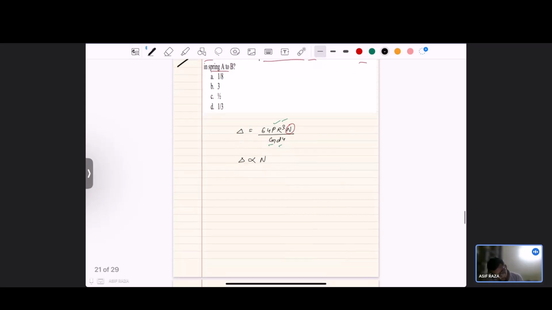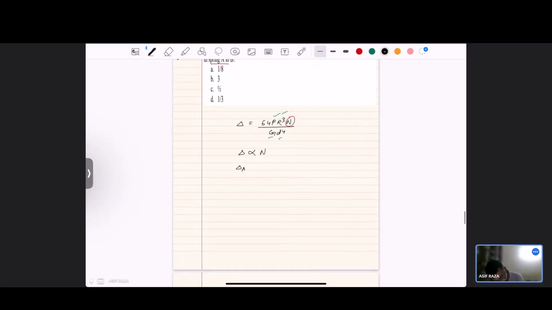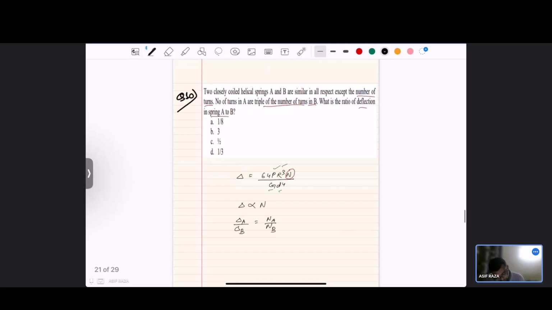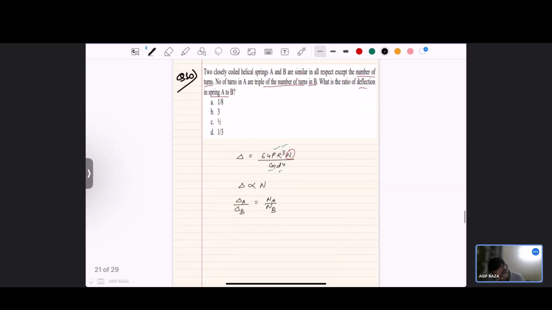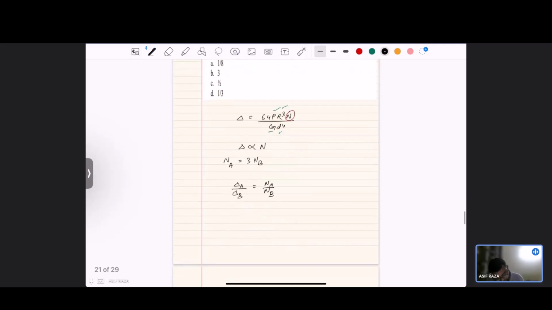That would give us delta A upon delta B is equal to NA upon NB, and it's given that NA is equal to 3 times NB.